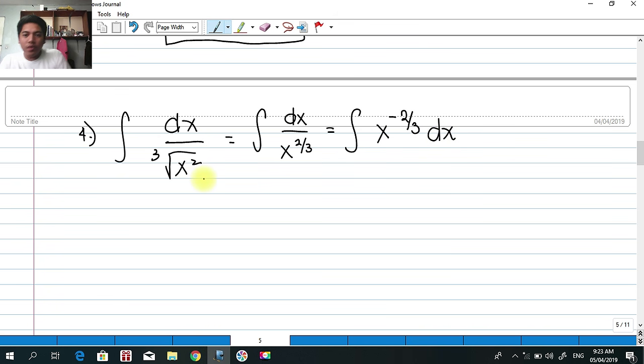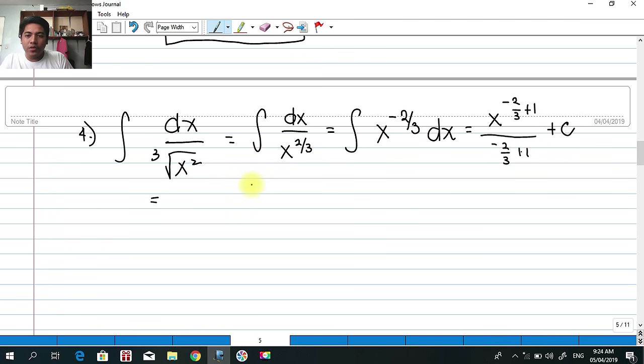So, what we are going to do here is we have again a power formula. To evaluate the integral of this, x raised to negative 2 thirds plus 1 over negative 2 thirds plus 1, don't forget the plus c. Okay.